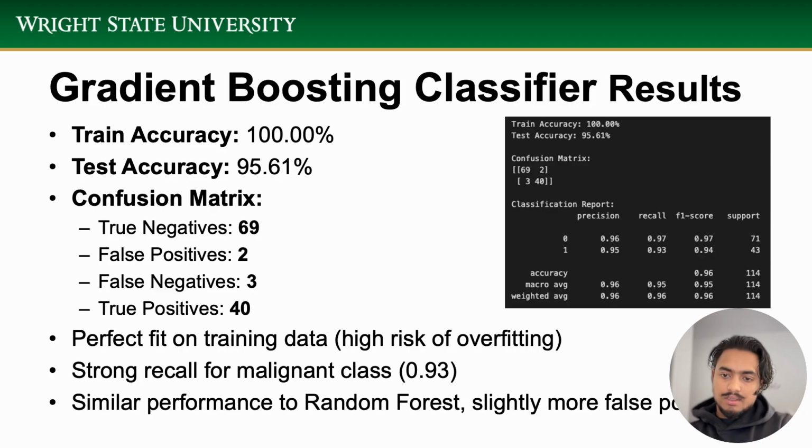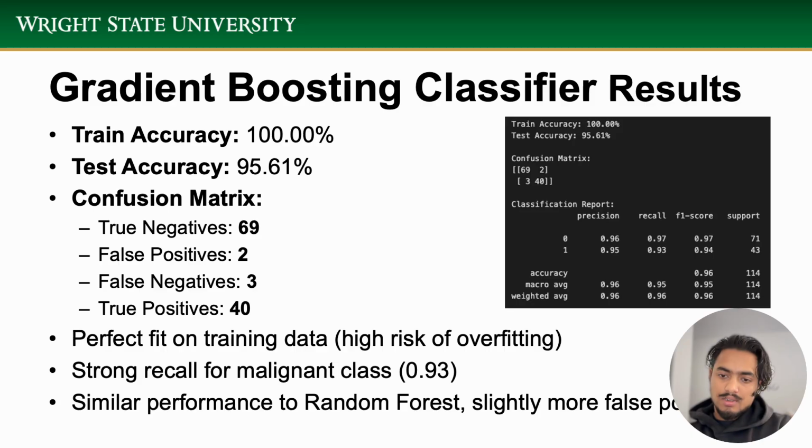Coming to the result, gradient boosting achieved a perfect training accuracy of 100%, which clearly indicates overfitting, since no real world model should fit all the training samples perfectly. Its test accuracy is still strong at 95.61%. From the confusion matrix, we have 69 true negatives and 40 true positives, but also two false positives and three false negatives.